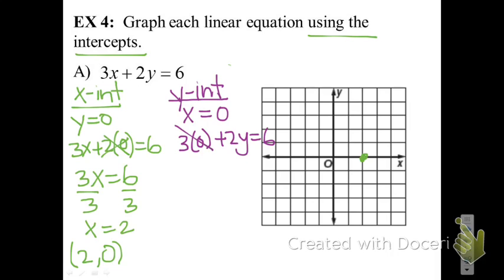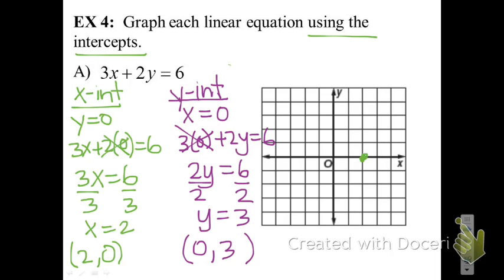This 3 times 0 becomes 0, so we can just eliminate that. And you're left with 2y equals 6. From here, divide by 2 to get the y alone, and y equals 3. You have an ordered pair at 0, 3, and we'll go graph that. So we go over 0, up 3, and you need 2 points to draw a line.